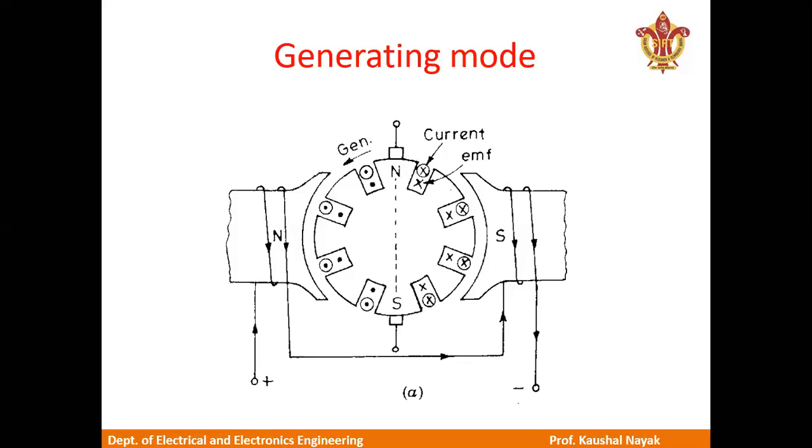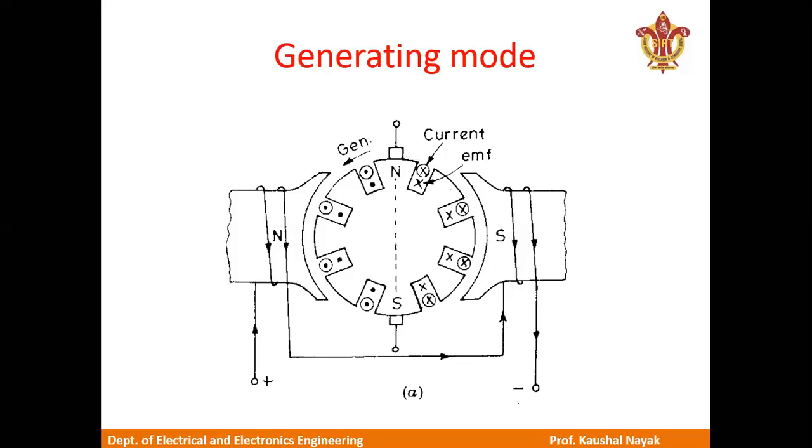For assumed anti-clockwise rotation, south and north poles indicated on the rotor must be created by the armature currents.